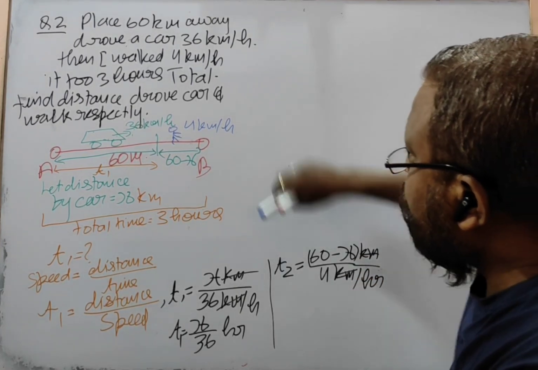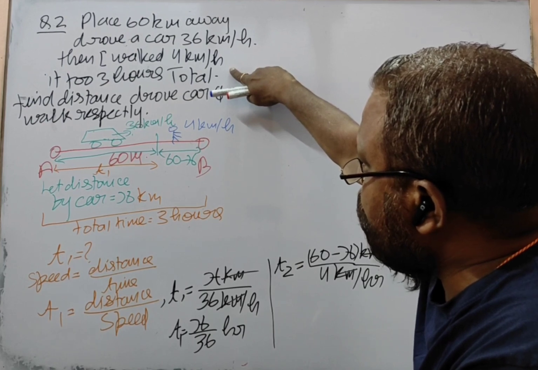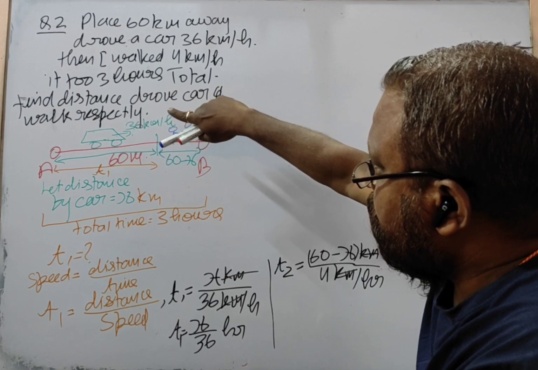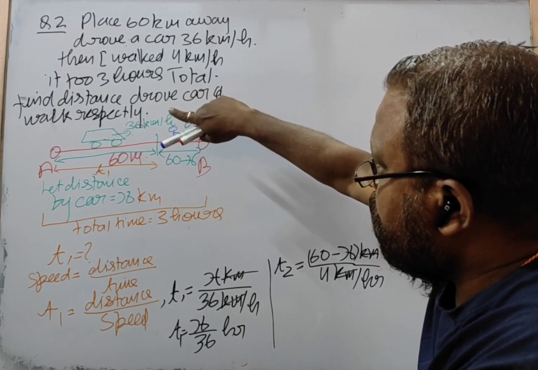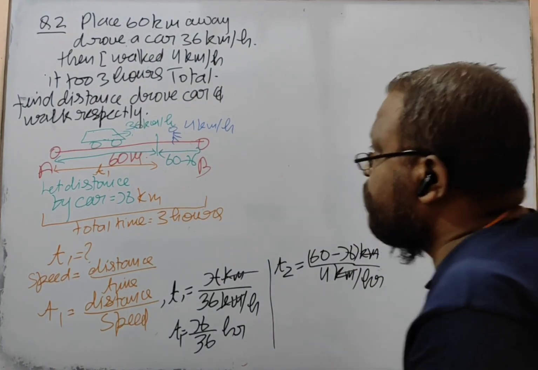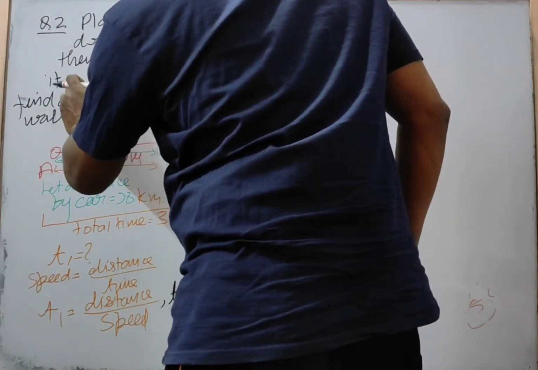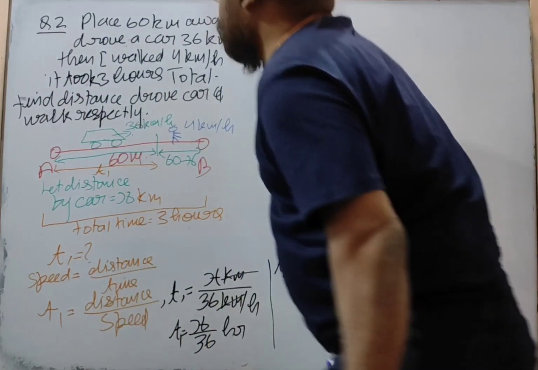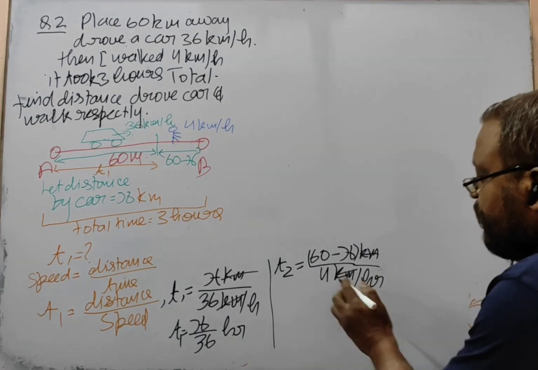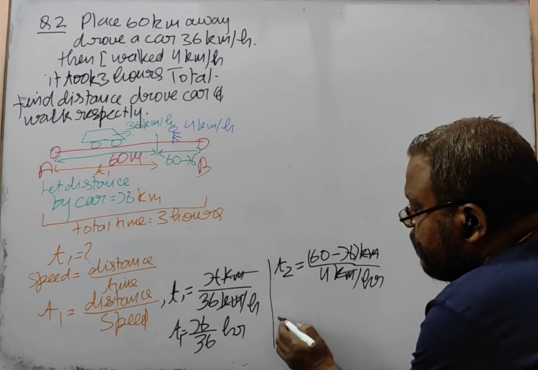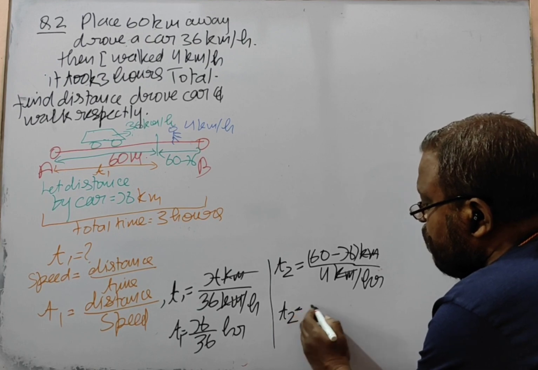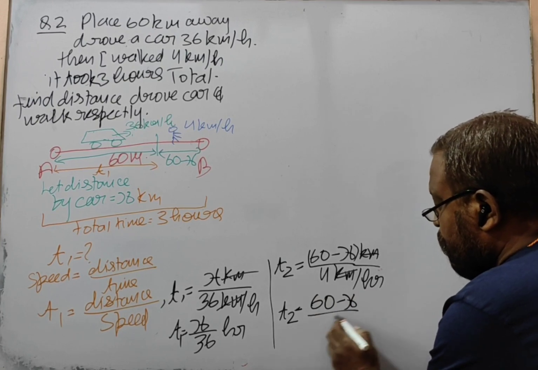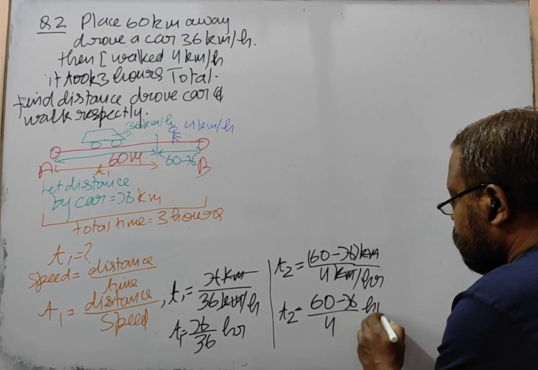You told me 4 kilometers per hour. It took 3 hours total. So hour goes up, so T2 is equal to 60 minus x upon 4 hours, right?